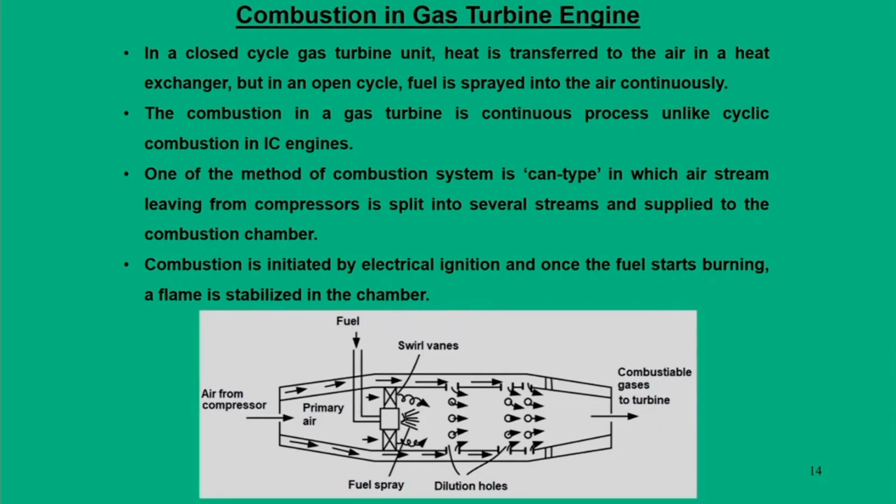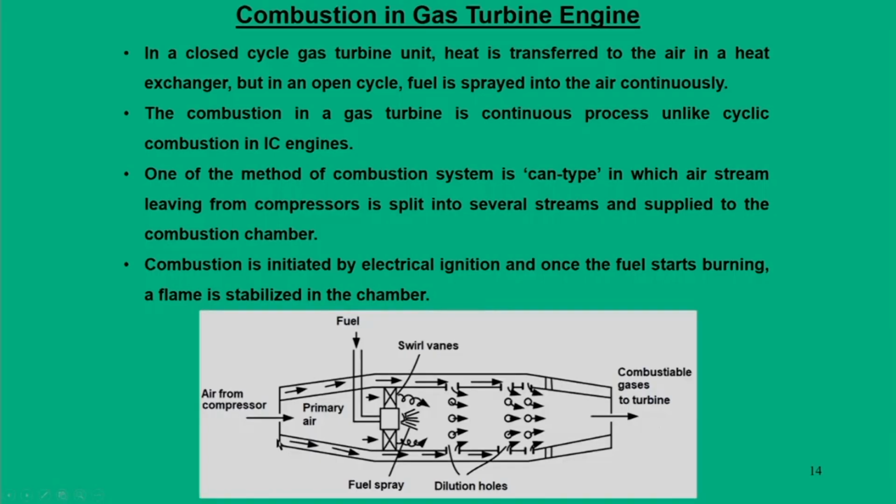Proper mixing is therefore another important criterion for gas turbine combustion. So different mechanisms have been used: instead of sending the air as a single slug, it goes as multiple slugs at different outlet points from the compressor. That is why the combustion process in the gas turbine engine is different.